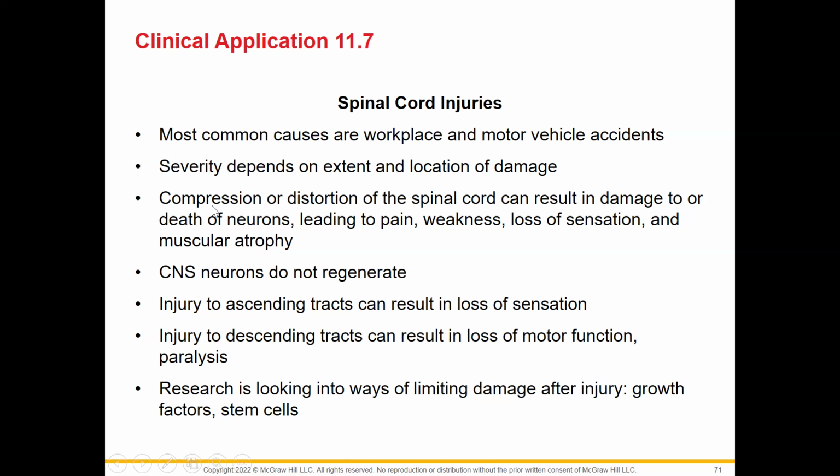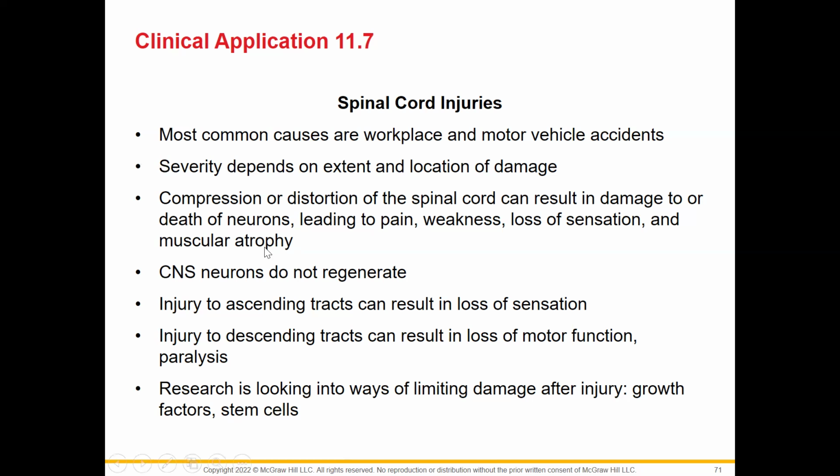Compression or distortion of the spinal cord can result in damage to or death of the neurons that lead to pain, weakness, loss of sensation, and muscular atrophy. Atrophy, A meaning without, trophy is basically a building up of a cell or a tissue.